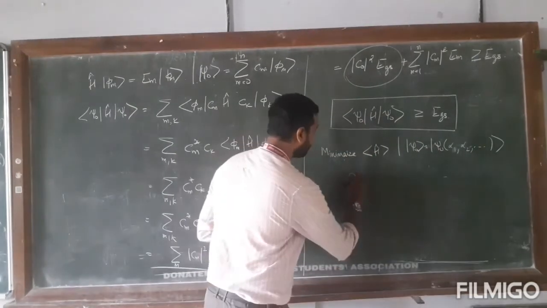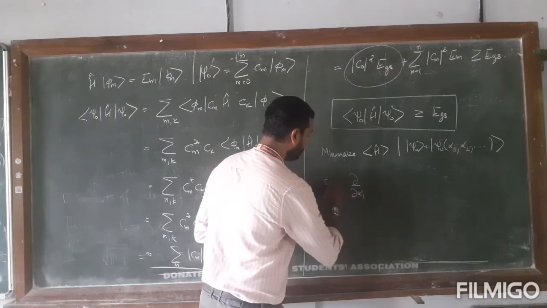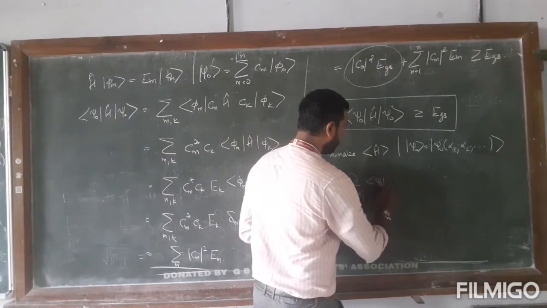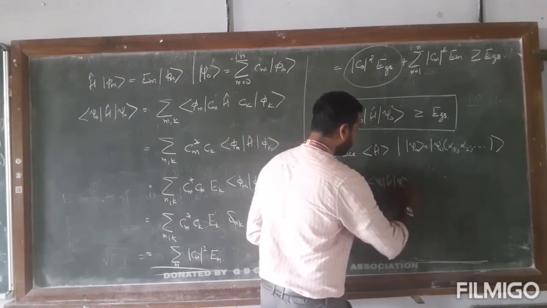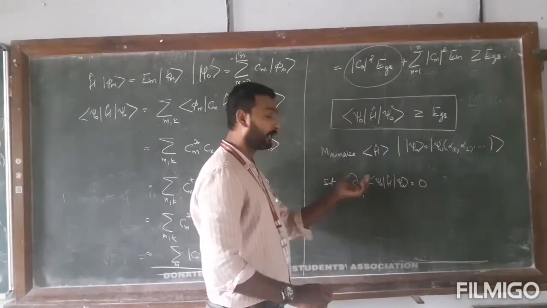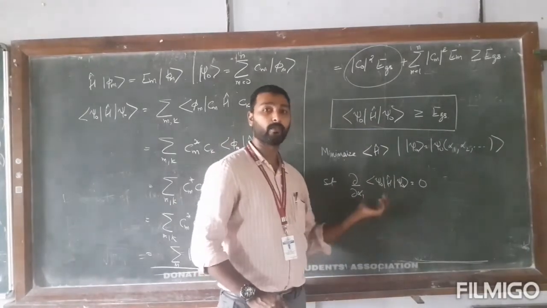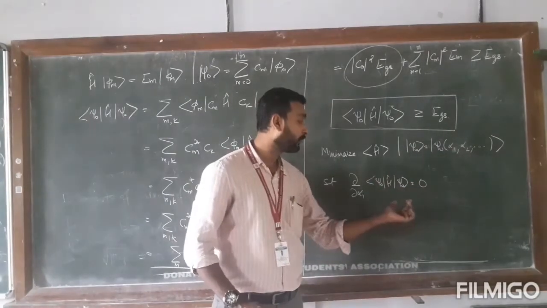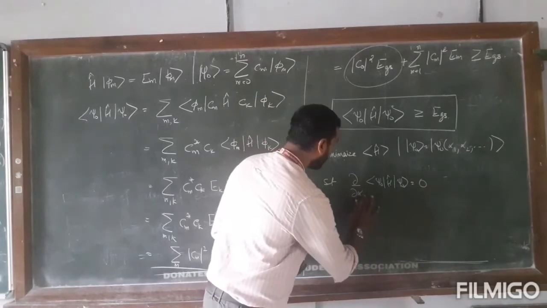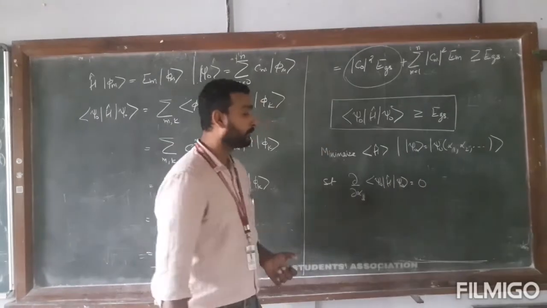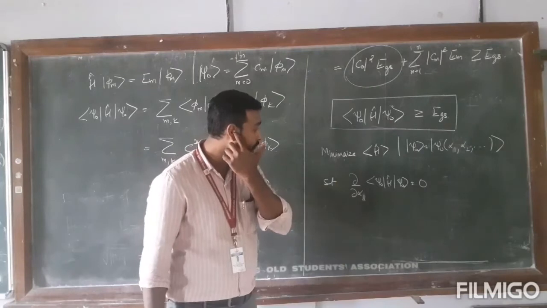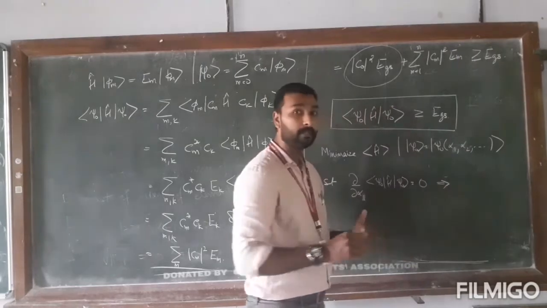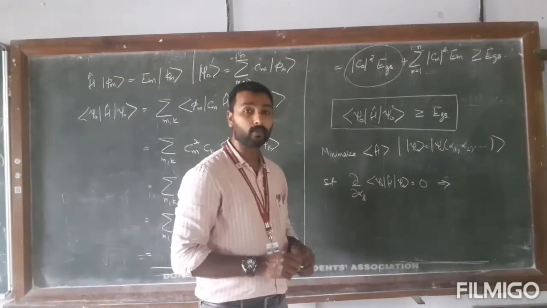So we will set the partial derivative with respect to alpha 1 of ⟨psi 0|H|psi 0⟩ equal to 0, then with respect to alpha 2, alpha 3, and we will find all the parameter values of alpha 1, alpha 2, alpha 3, etc. In general, I can write for alpha L, the partial derivative with respect to alpha L of ⟨psi 0|H|psi 0⟩ equal to 0. Then by setting this we can find the parameters which minimize the Hamiltonian.